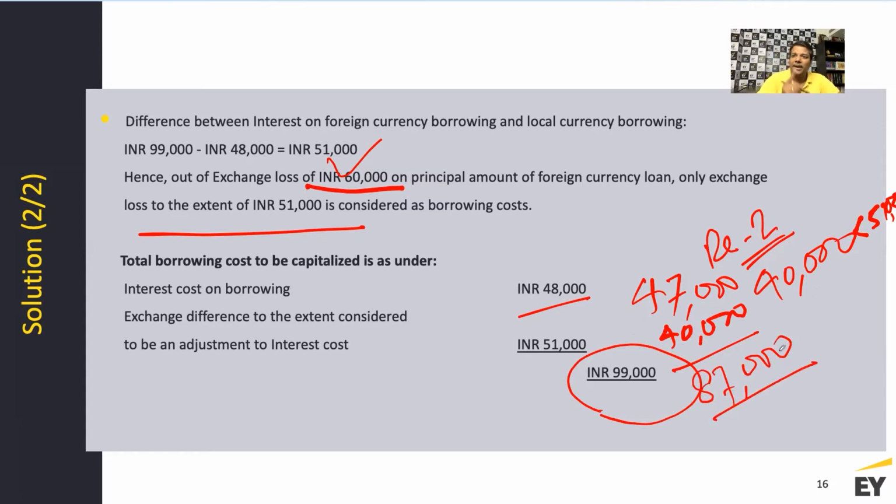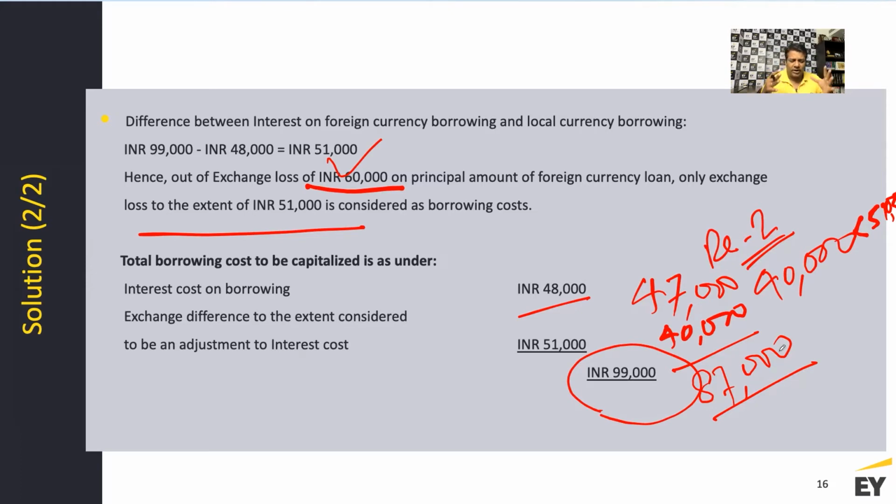So it all depends upon the exchange rate movement and whether the exchange loss is higher or lower than the actual interest which you have saved because you decided to borrow money in a foreign currency instead of in a local currency. The amount of saving in this example was 51,000, whereas the actual loss was 60,000.